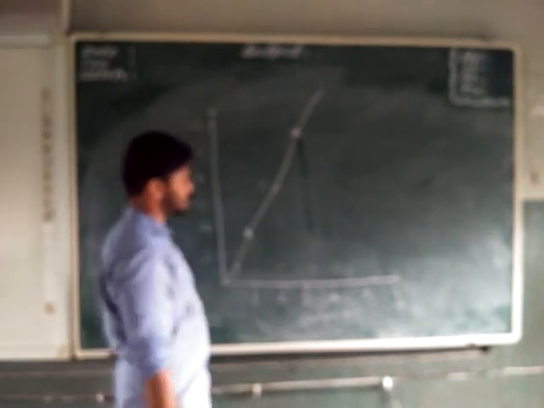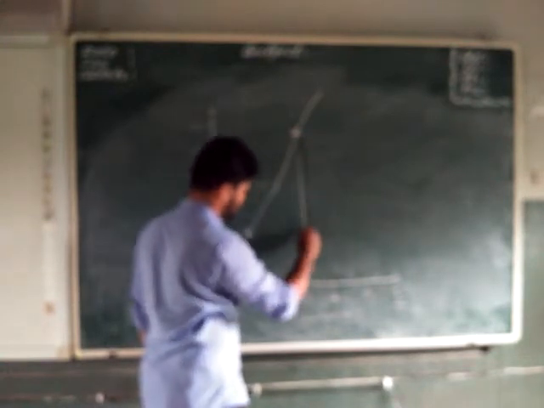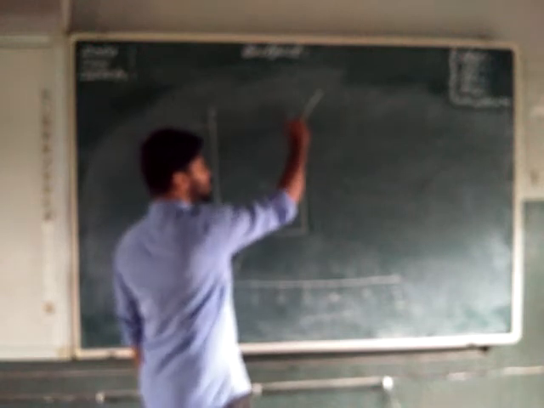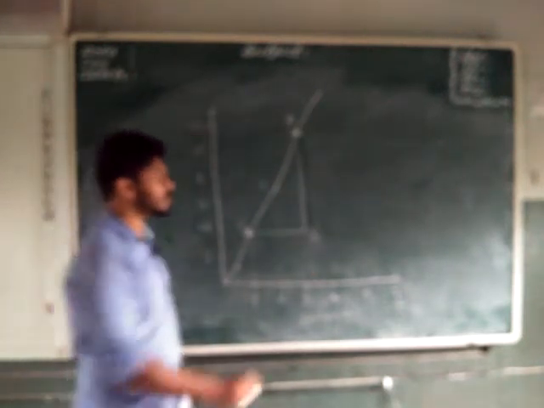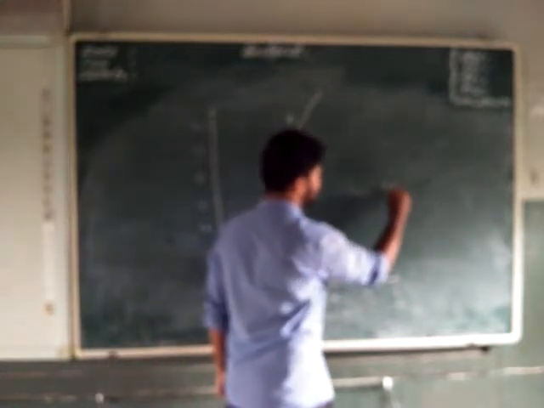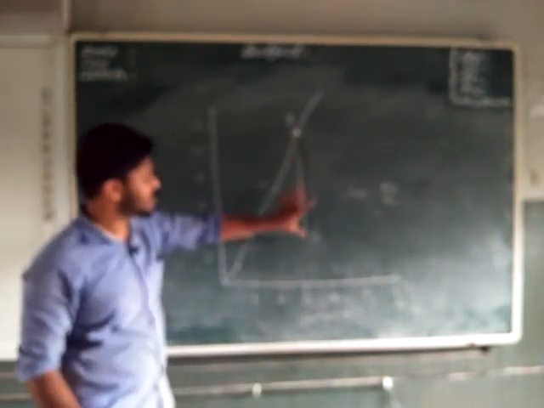First point I consider this one, and the next I consider this one. Now make a triangle. Go downwards and draw the line. Name it from here A, B, C. That is the way of taking slope. Slope is equal to AB by BC.